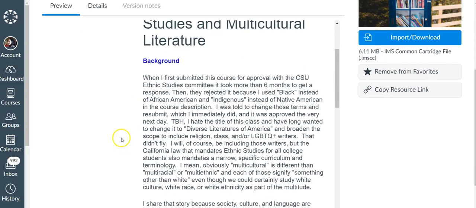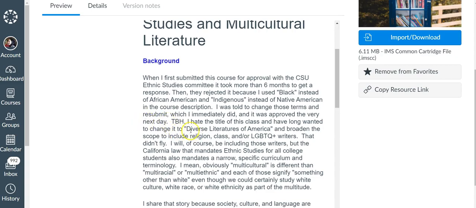I don't know if I told this story in class, but when I submitted the multi-ethnic literature class that I'm teaching for CSU approval, they rejected it because I used Black instead of African American and Indigenous instead of Native American, and that was the only feedback that I got that I needed to change.